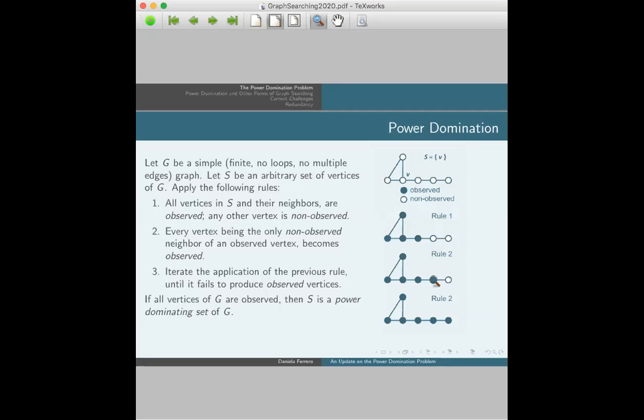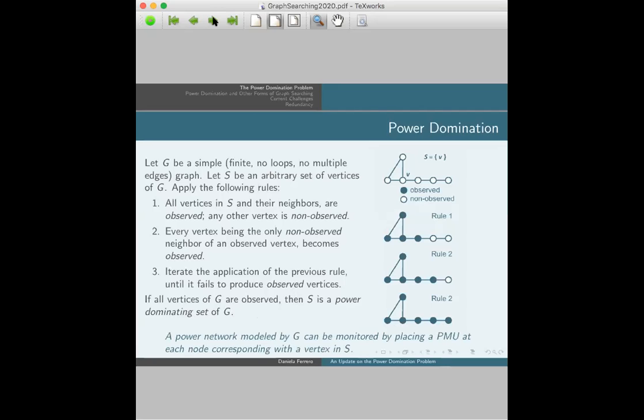So this one becomes observed. And then we iterate the rule, and by iterating the rule, we can observe this other vertex, and therefore, in this case, we can conclude that the set S is a power dominating set of this graph because all of the vertices are observed at the end, right?